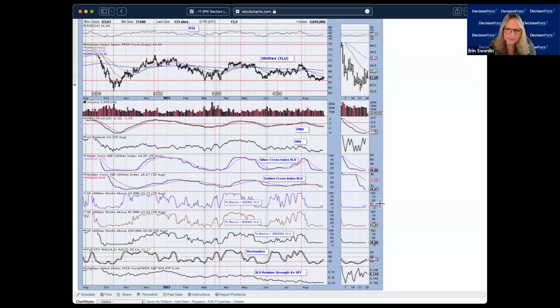If I were looking at all these sector charts in the normal situation, the bull market configuration, I would not be rah-rah about utilities on this chart.